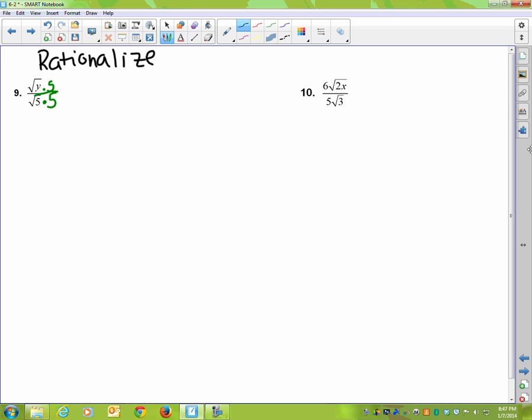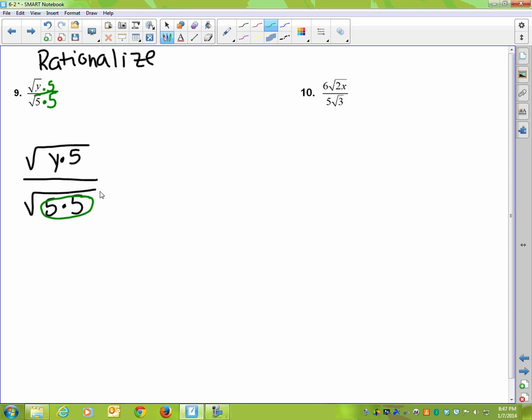So let me rewrite this. In my numerator, I have y and 5. In the denominator, I have 5 and 5. And the reason that I do that is I now have a pair of 5s.